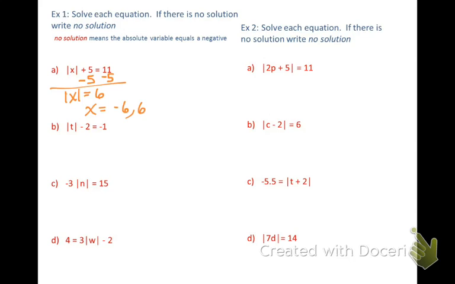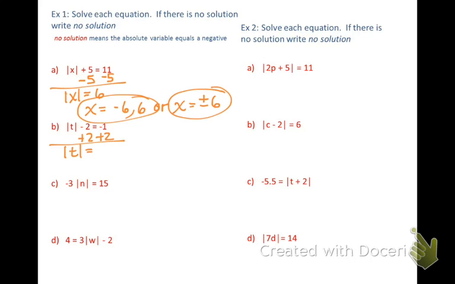Another way to answer this is by saying x equals positive or negative 6. Both of these answers mean the same thing. Let's look at B. I need to get the absolute value by itself before I can do anything else, so I'm going to add 2 to both sides.